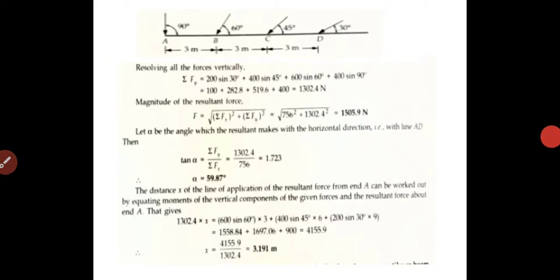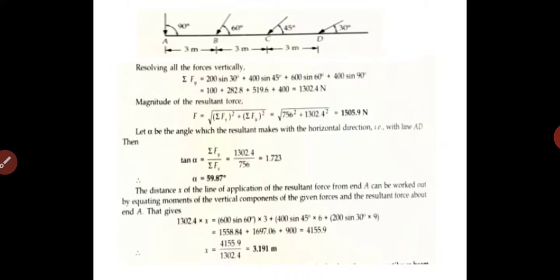Here the resultant is how much? 1505.9, but because horizontal component is passing through the point A, we have excluded it. So we have taken only the vertical component, that is summation Fv, that is 1305.4 Newton.